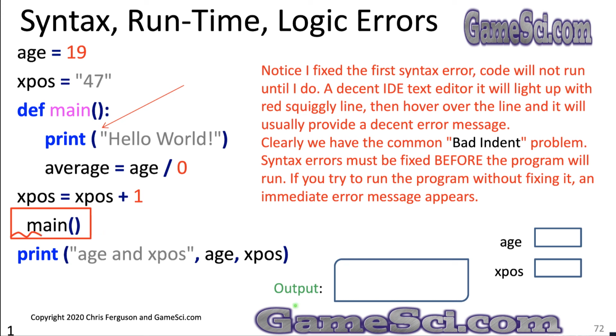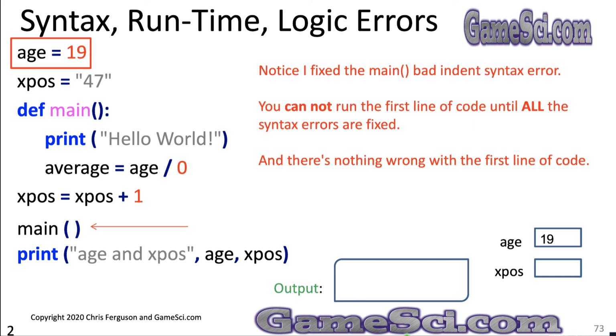It's pretty clear, especially when it comes to indents. If you type in the indent wrong, it's going to stop and say you have to fix it before we go on. Notice how I fixed the indent problem with main. I scooted it over a little bit, and now it lines up perfectly with the other ones. That syntax error is done.